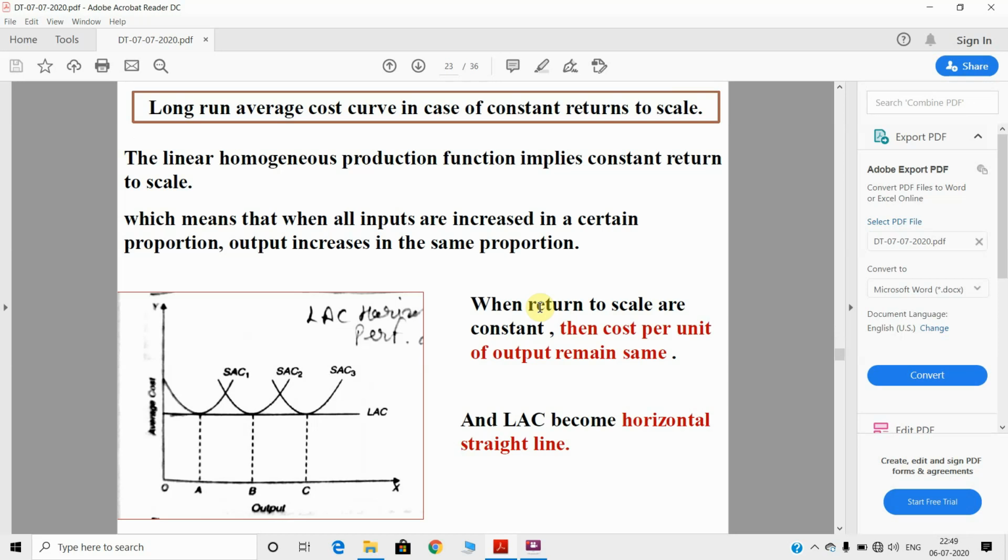In case of constant returns to scale, the increase of output is equal to the increase of input, which means that when all inputs are increased in a certain proportion, output increases in the same proportion. So when the returns to scale are constant, then cost per unit of output remains the same. So the LAC is horizontal to the x-axis, right. And it is an amalgamation of several kinds of SAC.